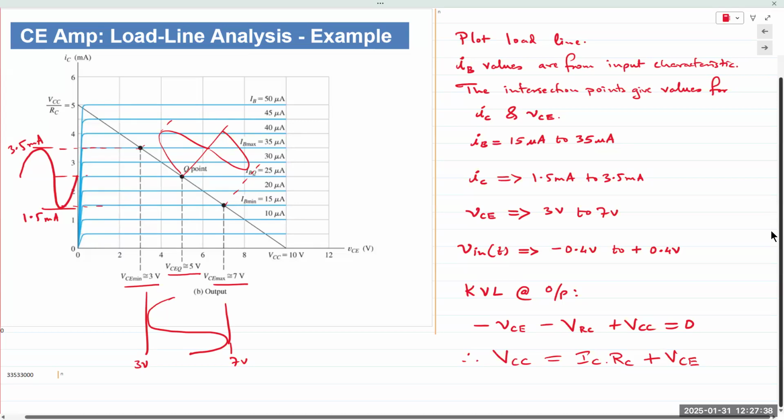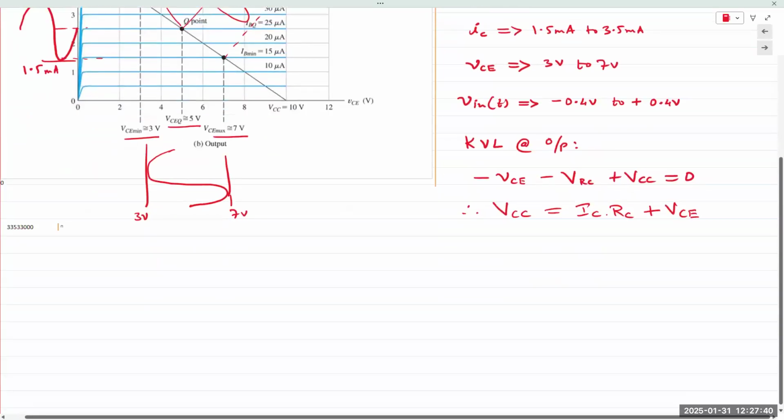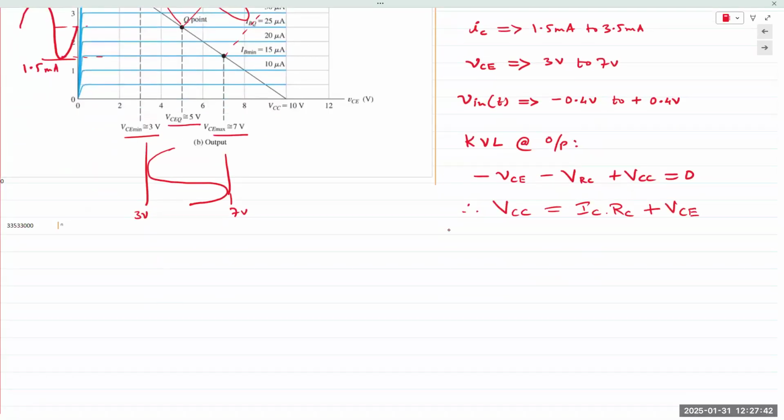So from here, I want to plot the load line. Load line coordinates: if IC is equal to 0, then VCE is equal to VCC.